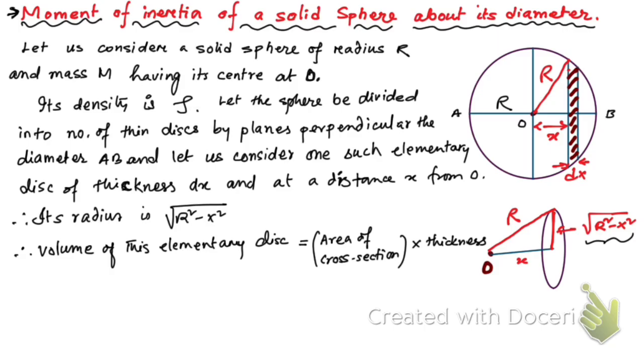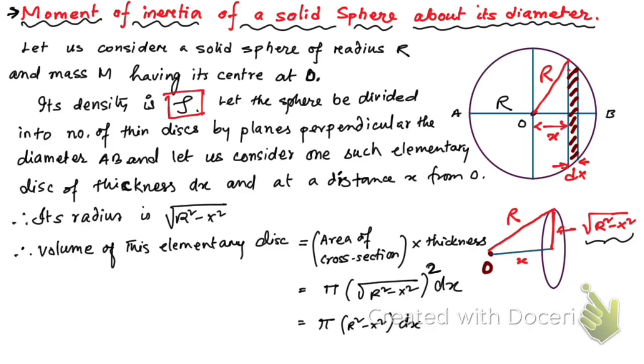So that's going to be equal to pi into root over r square minus x square whole square into thickness dx. Sorry, here I missed the square, so that's equal to pi (r square minus x square) dx. So if this is the volume and we know the density is rho, then mass, we know that mass is equal to density into volume, right?